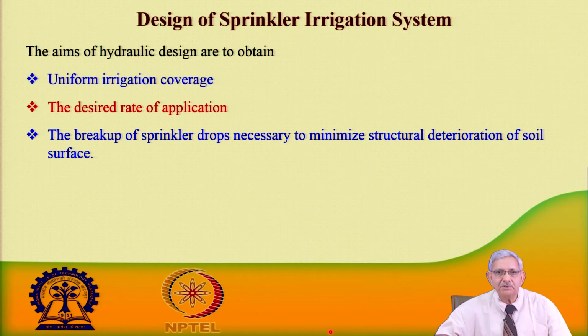Sealing of the surface is not desired, it makes the soil compact, and we do not want that. It is possible to bring the water droplets down to a desired size if we choose adequate pressure and an appropriate size of sprinkler nozzle.